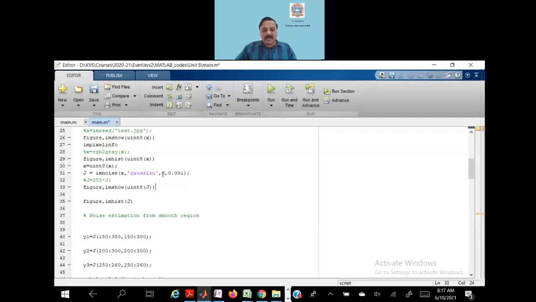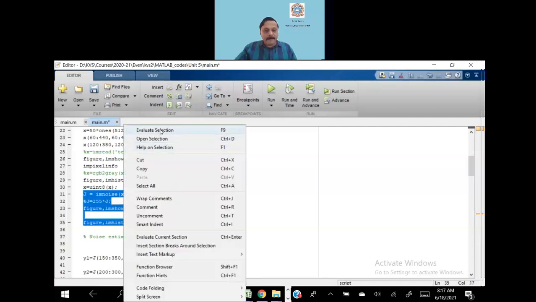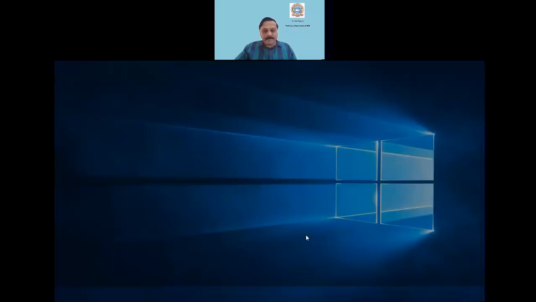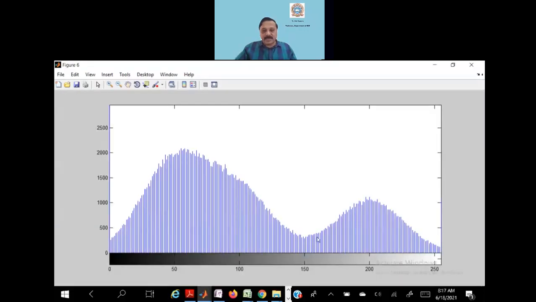And this is the mean of the noise. Mean is taken to be 0, and this is the variance. If you increase the variance, obviously you know. Let me just try to increase the variance and run it again. So you can see the noise has increased, and you can see the distribution also.